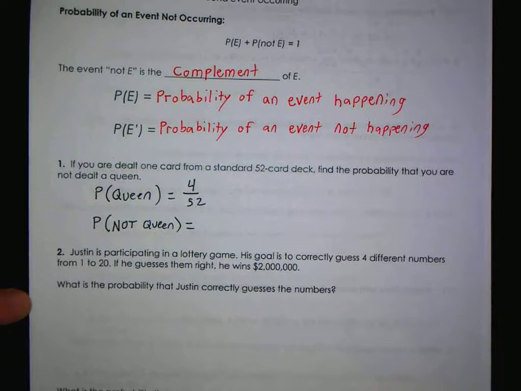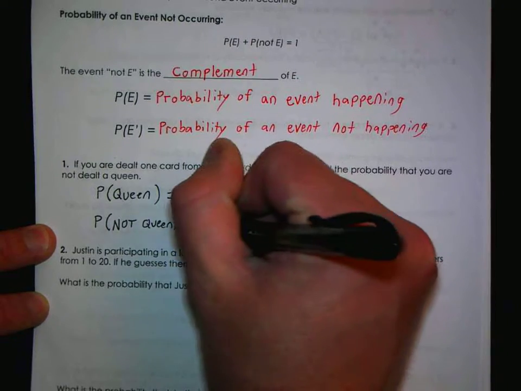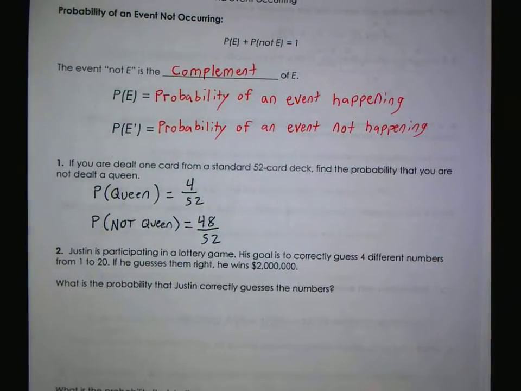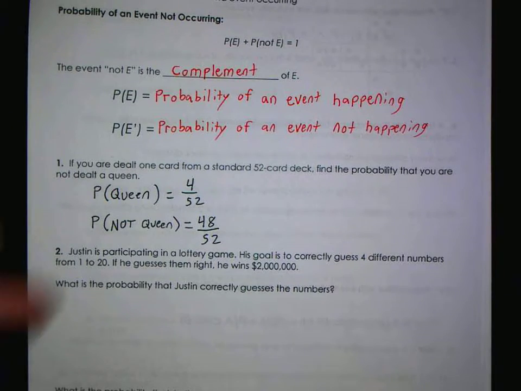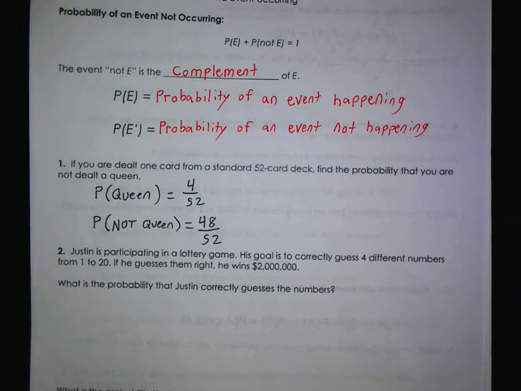Does that make sense? So there's a 48 out of 52 of those cards are not queens. And notice 4 over 52 plus 48 over 52 equals 52 over 52, which is 1.